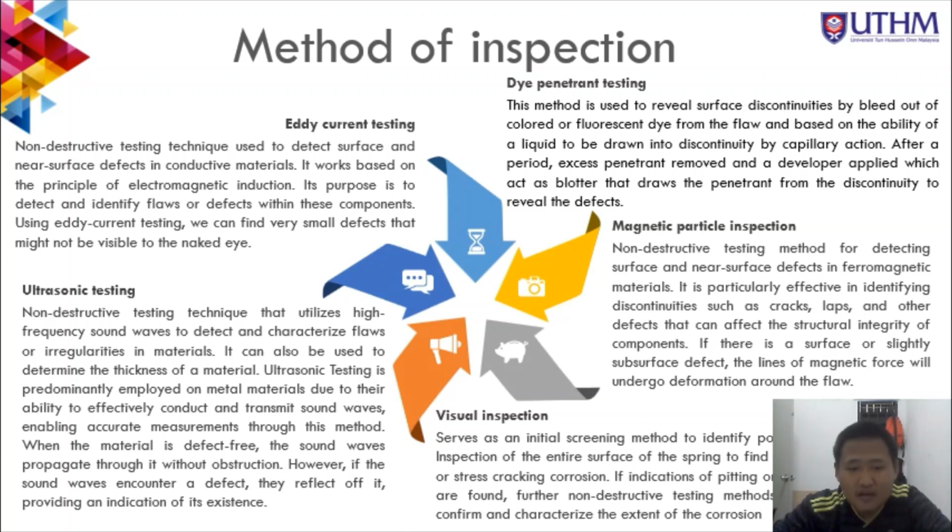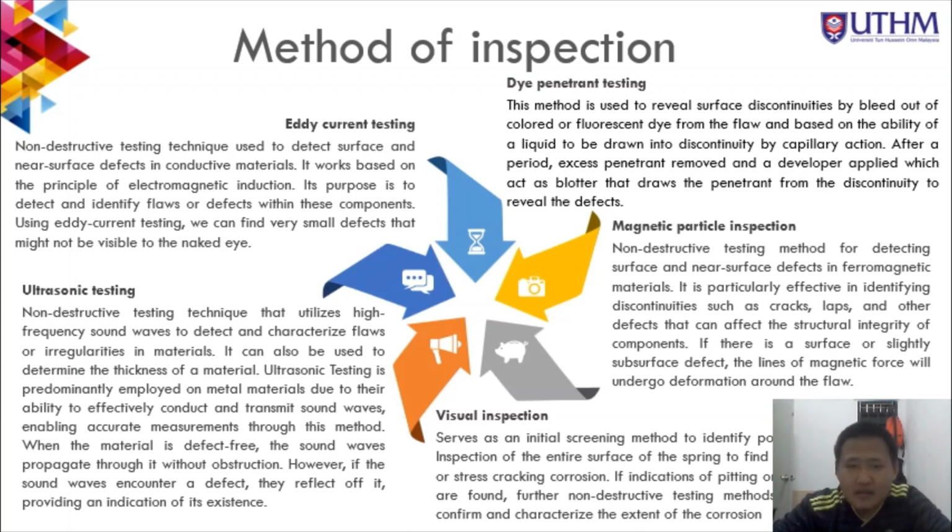Ultrasonic testing is predominantly employed on metal materials due to their ability to effectively conduct and transmit sound waves, enabling accurate measurement. When the material is defect-free, the sound wave propagates through it without obstruction. However, if the sound wave encounters a defect, it reflects off it, providing an indication of its existence.